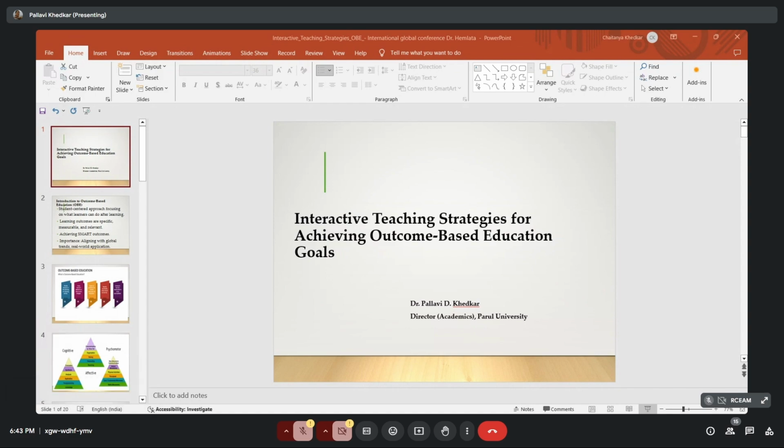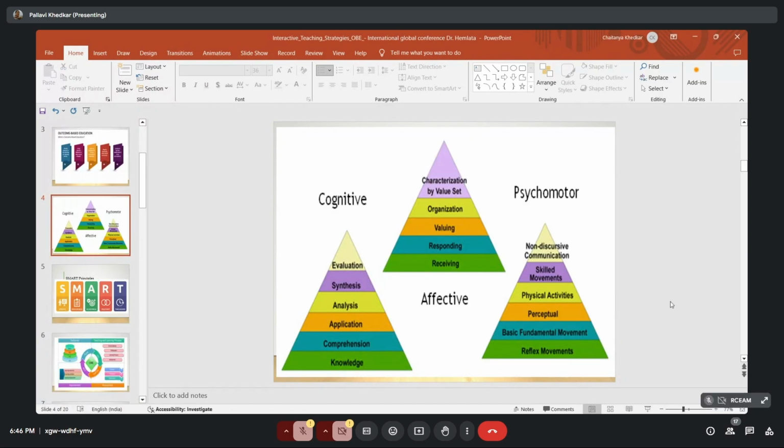So, when we go deep into it, we can find that it is based on the taxonomy given by Bloom, and there are three domains which specifically are focused on: cognitive, affective, and psychomotor. So I was talking about the taxonomy where we have cognitive, affective, and psychomotor domains. Actually, Bloom's taxonomy is talking about the cognitive domain.